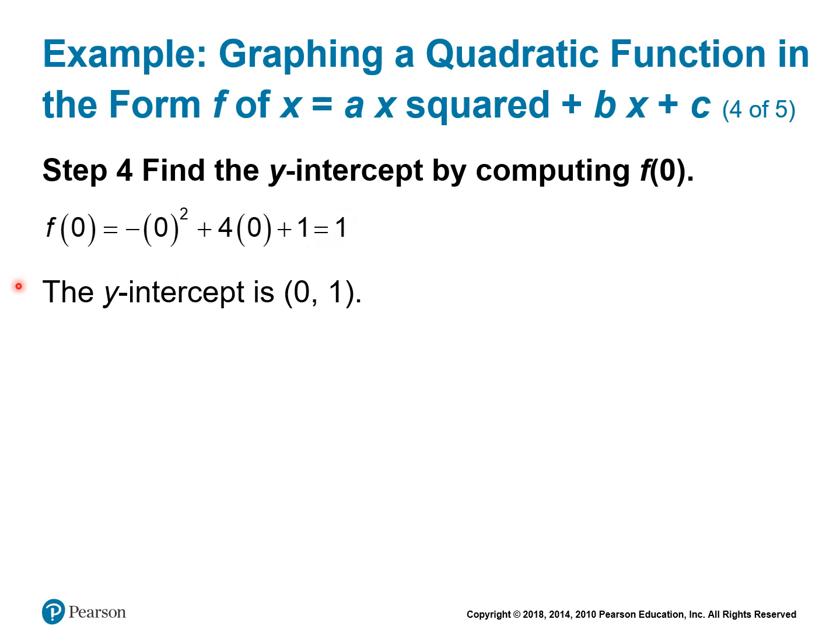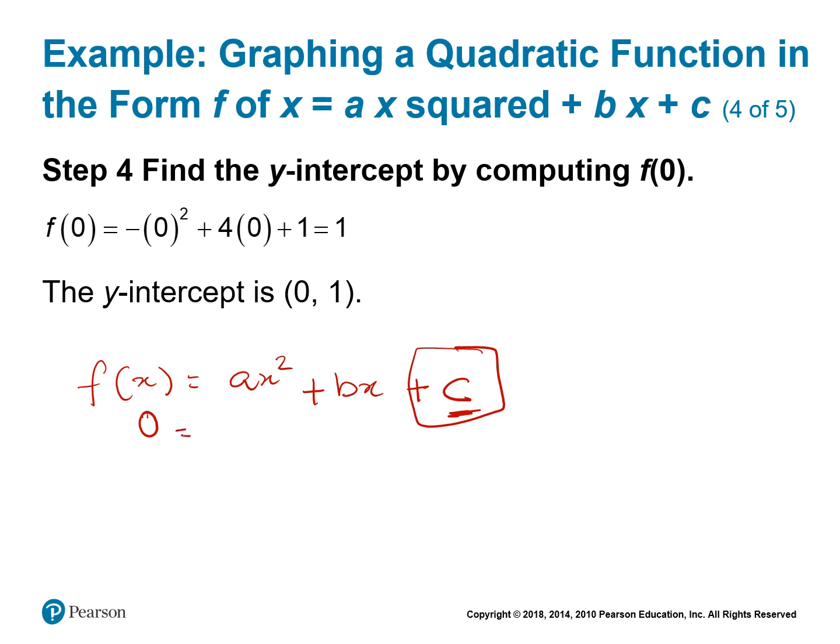Now a couple of slides back, they said that when the quadratic function is in the form ax squared plus bx plus c, let me write that down here. When our form is f of x equals ax squared plus bx plus c, if you plug in 0 for x, the answer will always be whatever the value of c is. Why so?